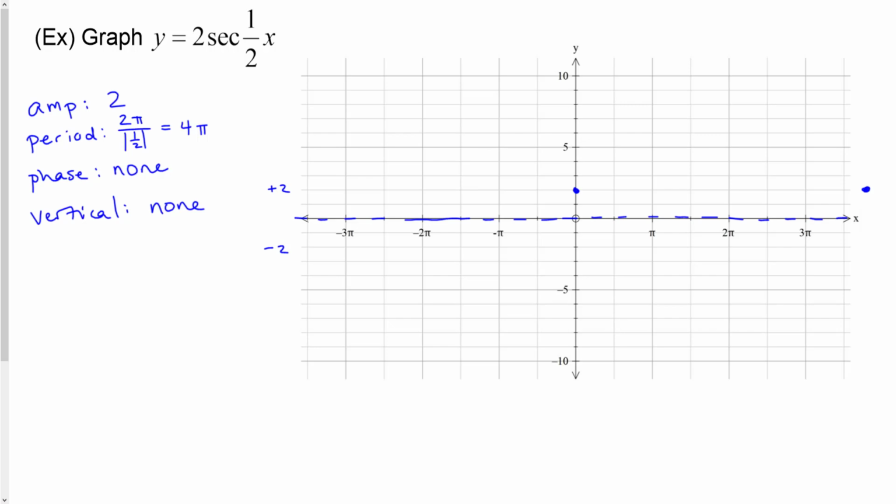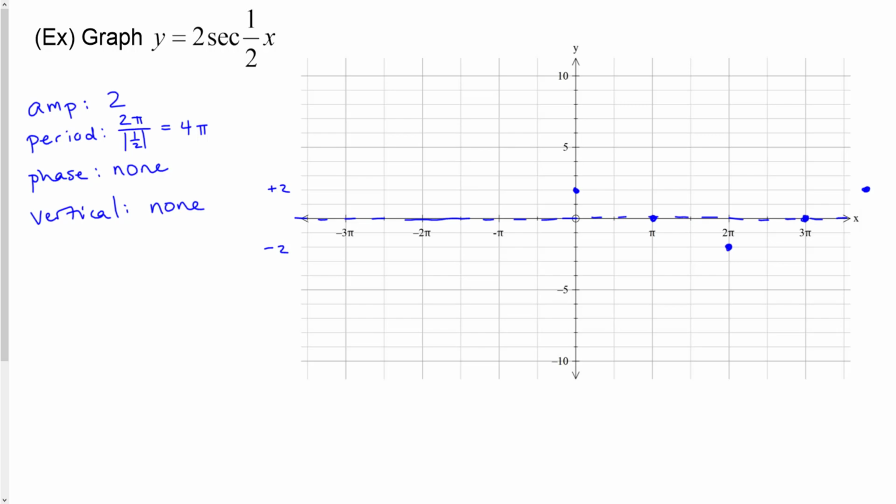Which means that, this is a periodic thing. You can deduce that halfway in between there, you're going to have your minimum value. So halfway in between at -2, at 2 pi, you'll be at -2. And then halfway in between those two intervals, you'll be at 0, so at pi and 3 pi.